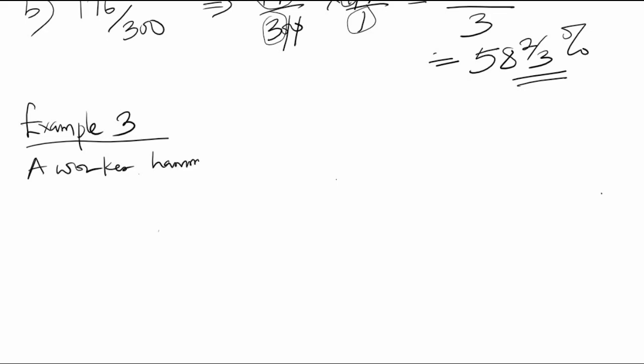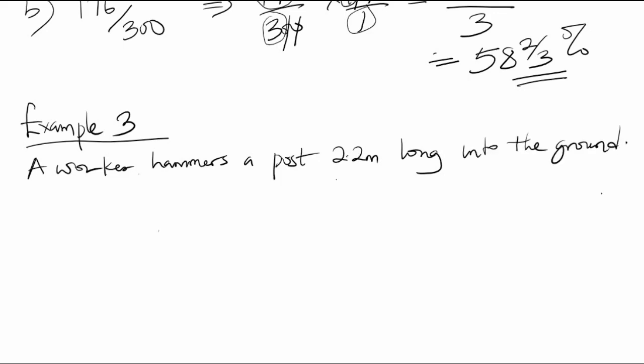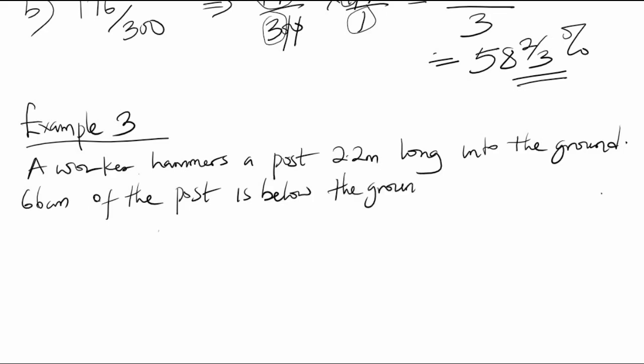A worker hammers a post 2.2 meters long into the ground. 66 cm of the post is below the ground. What percentage of the post is above the ground?